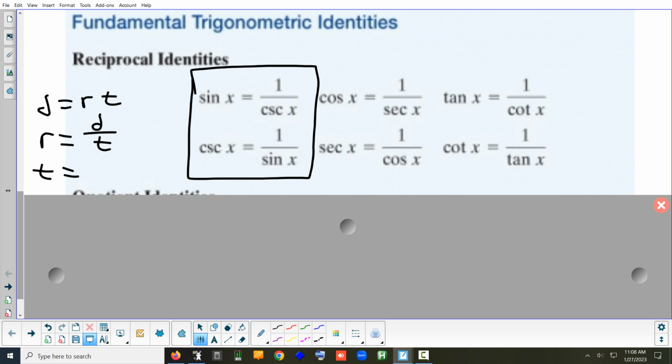T equals D over R. So if you look at these 2, all you have to do is switch the R and the T, and you get a different version of the same formula. That's all that's happening in this box. If you switch the cosecant and the sine, you get a different version of the same formula. So they're not really different.